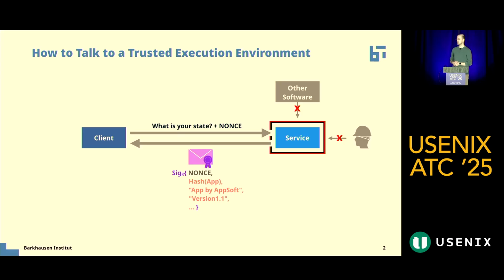It contains a hash of the software state that has been loaded and a bunch of metadata. And all of this is signed by a key that lives in the hardware at the remote data center side. It lives inside what we call a root of trust, and it is supposed to never leave this root of trust. The root of trust would be part of technologies like Intel TDX.